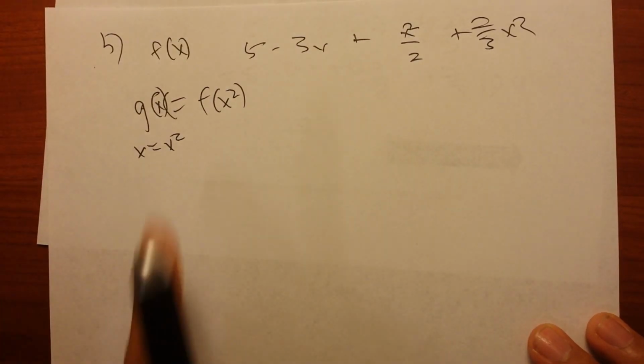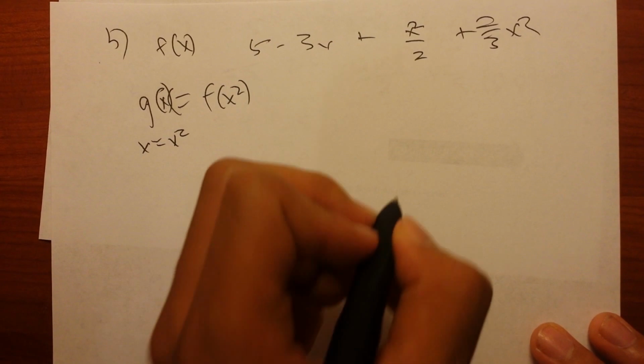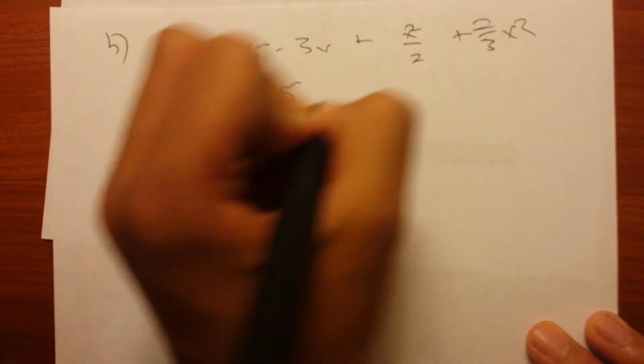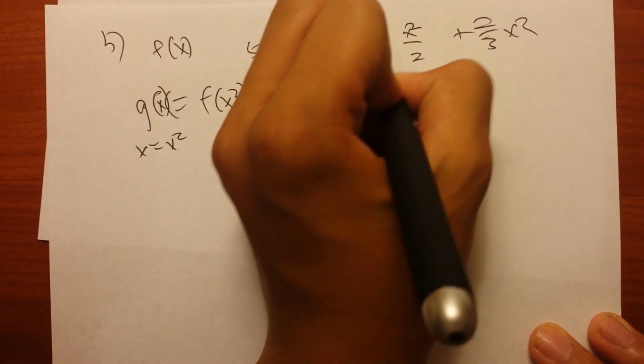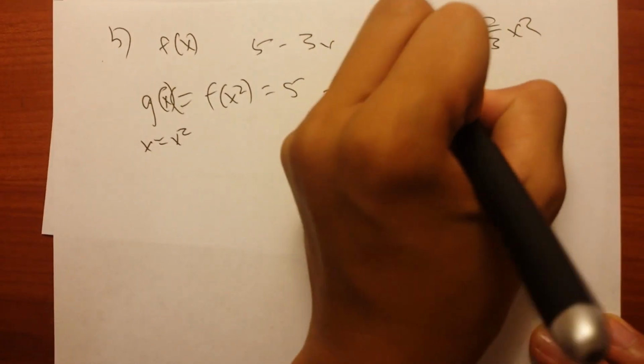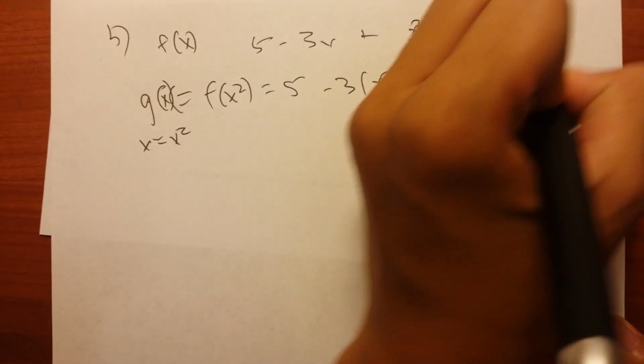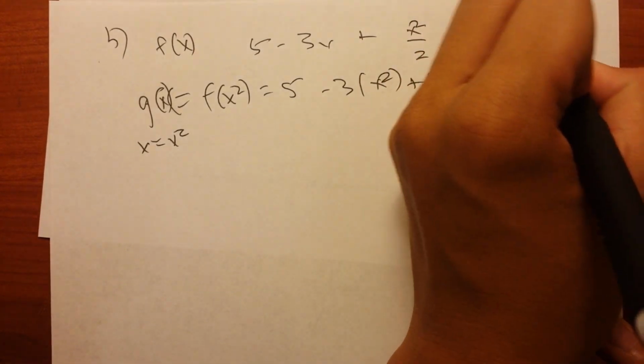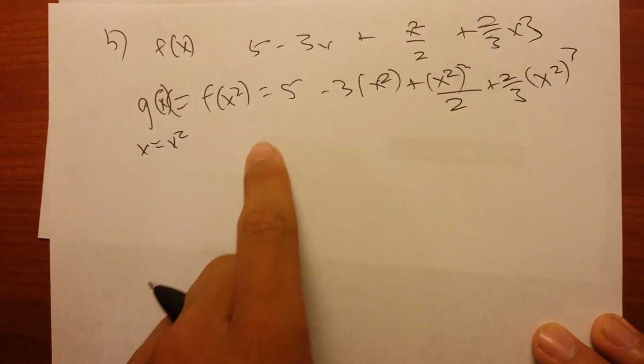So just to get f of x squared, we can just substitute x equals x squared. This is kind of confusing, but it's very simple once you see it. So this is going to be 5 minus 3x squared plus x squared squared over 2 plus 2/3 x squared cubed.